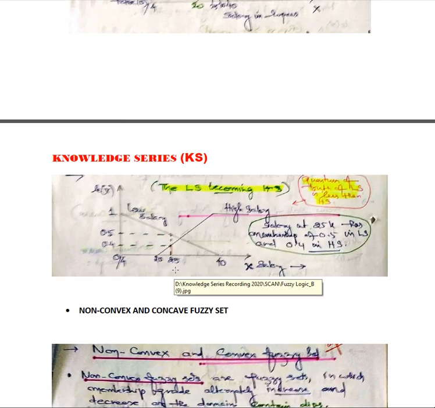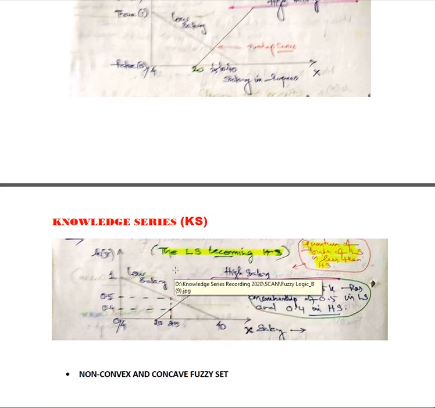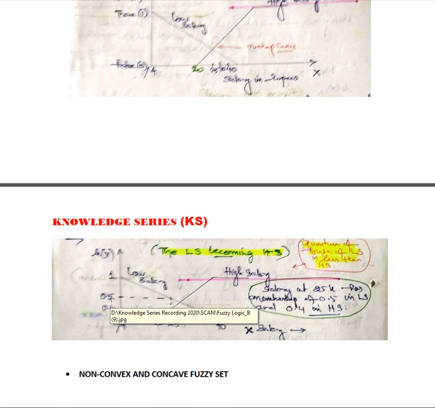Now let's see another figure. Here in this particular figure, as I stated with respect to the previous figure, if this figure is represented under the situation of 25k, the same figure but shown at 25k, you will have two membership values, 0.4 and 0.5.